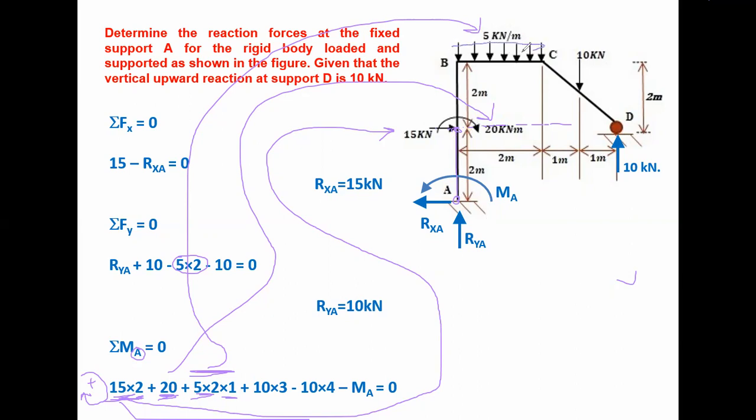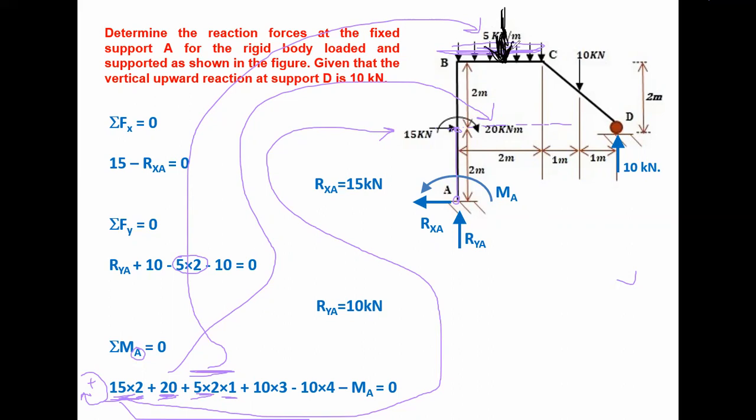Just remove this UDL, and in place of this UDL you just draw one point load like this. Only one point load, where?